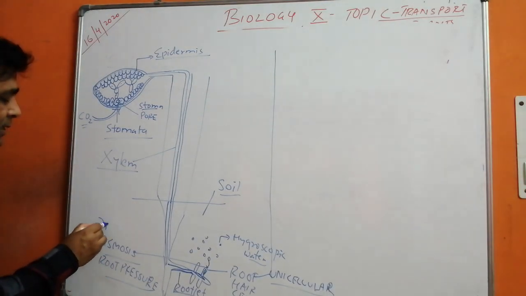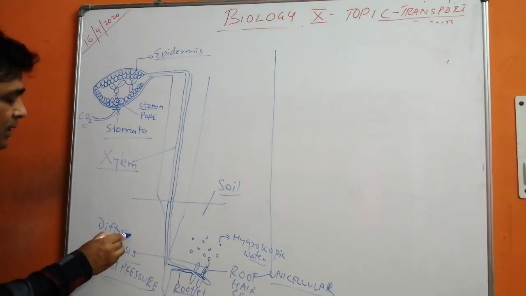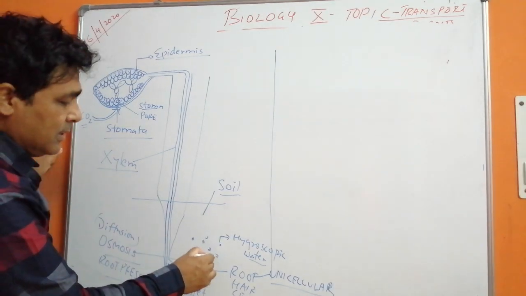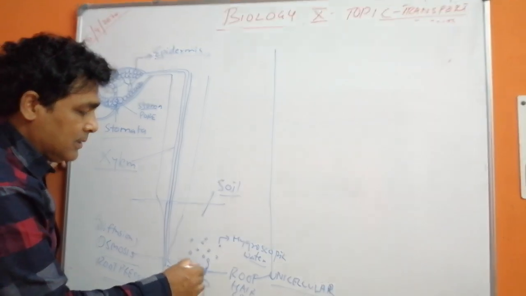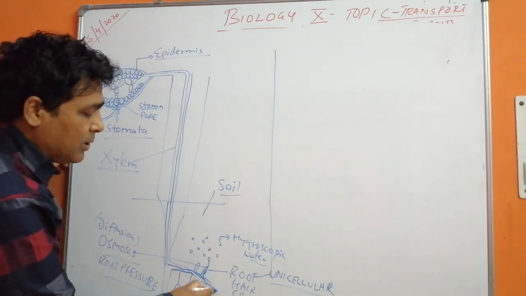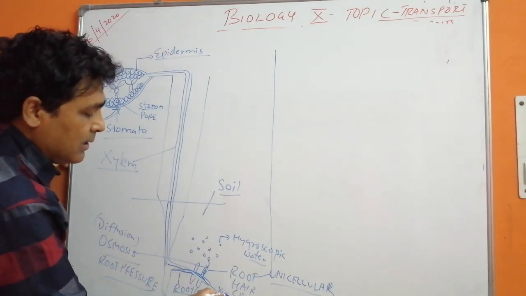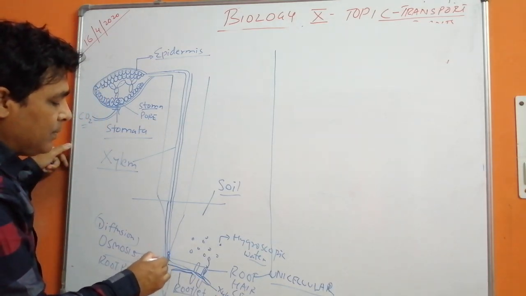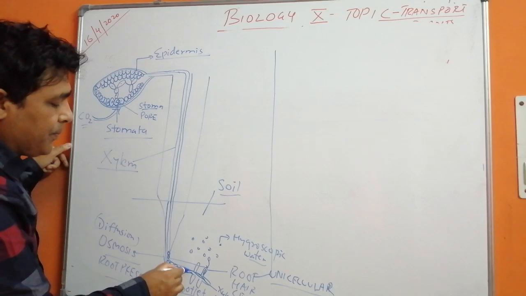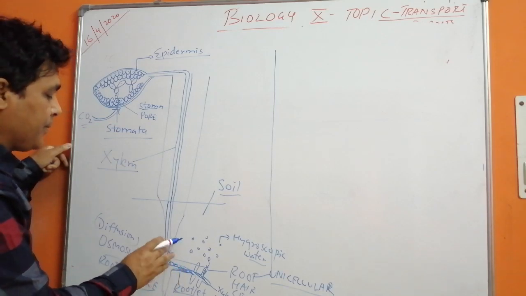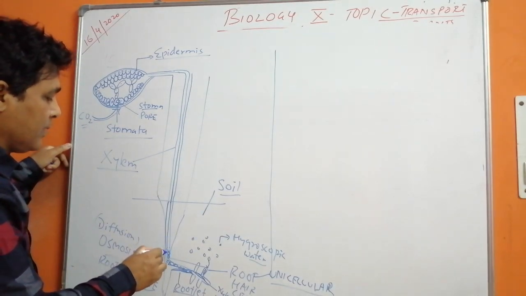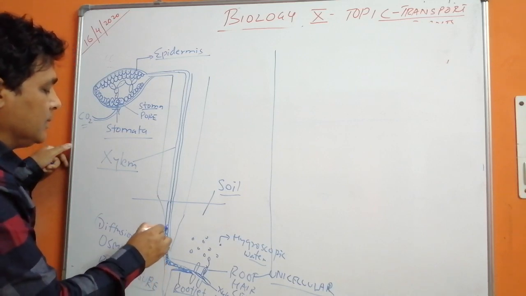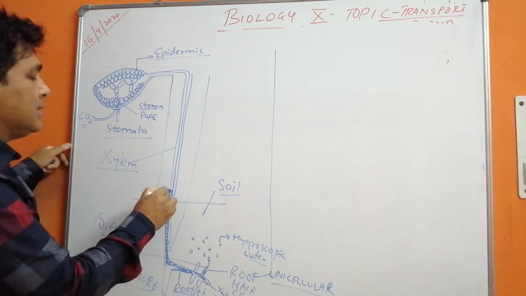Now what is osmosis? It is diffusion. So water diffuses inside the single cells and they go to the xylem of the rootlets, then they move up. Now these are the water molecules.